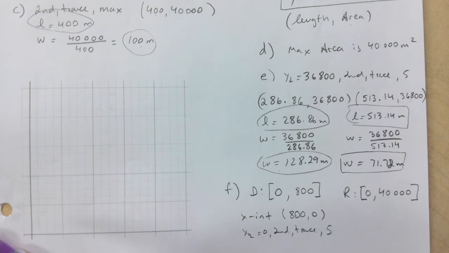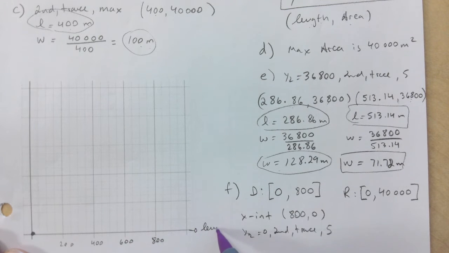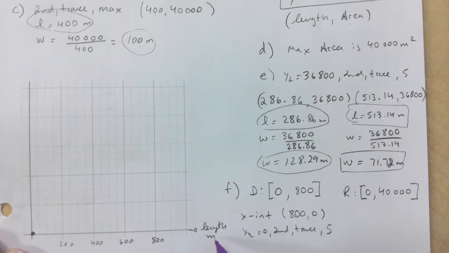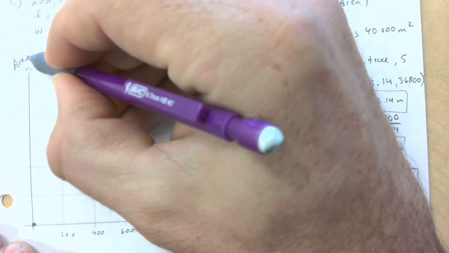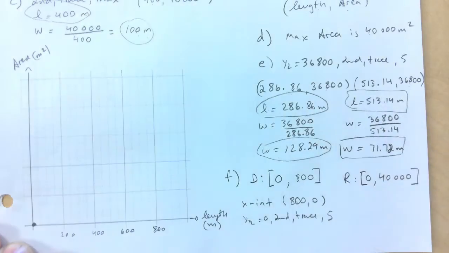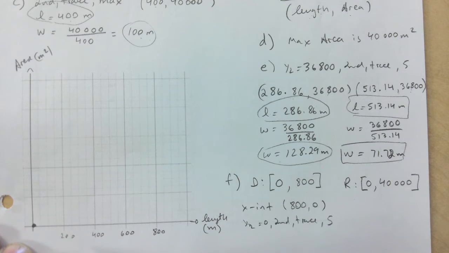And then we're going to graph this. So 0, 0. This would be 200, 400, 600, 800. And we're going to make sure this is length in meters. And up here we have area in square meters. And we have 800 zeros here.